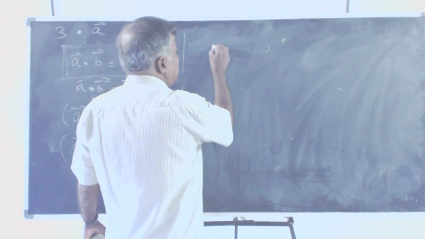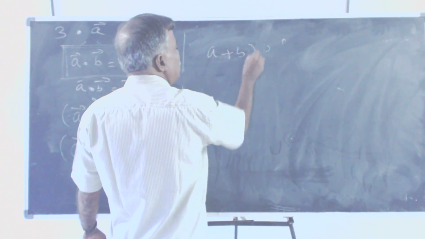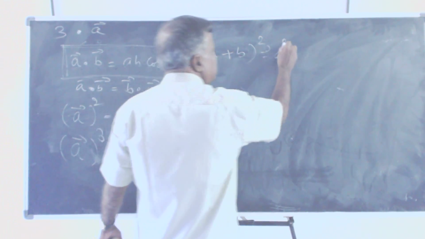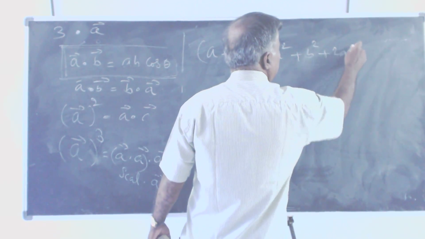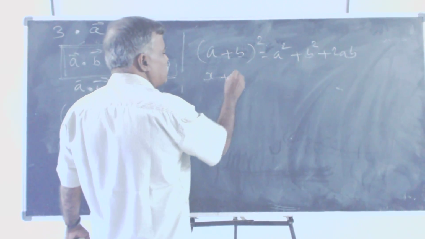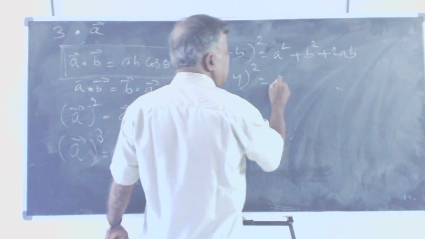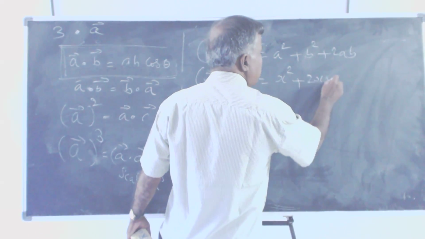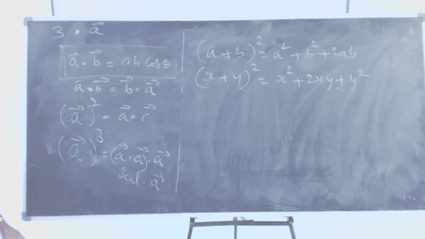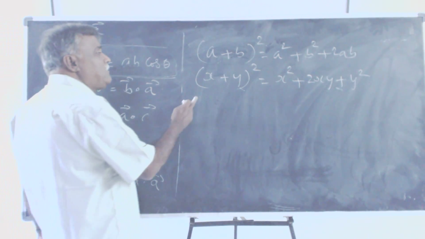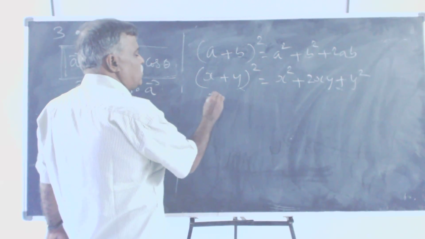In algebra, A plus B whole square is A square plus B square plus 2AB. X plus Y the whole square is X square plus 2xy plus y square. This is the formula in ordinary algebra.